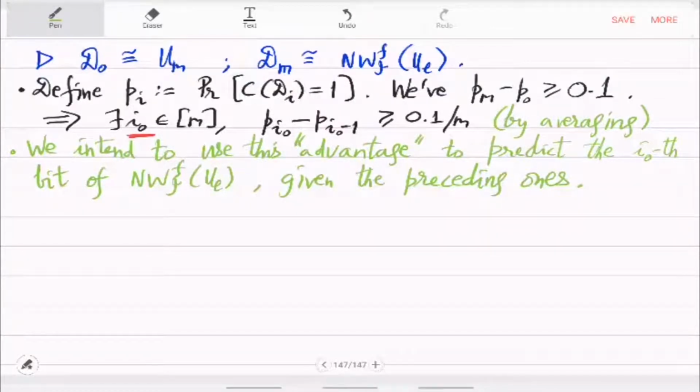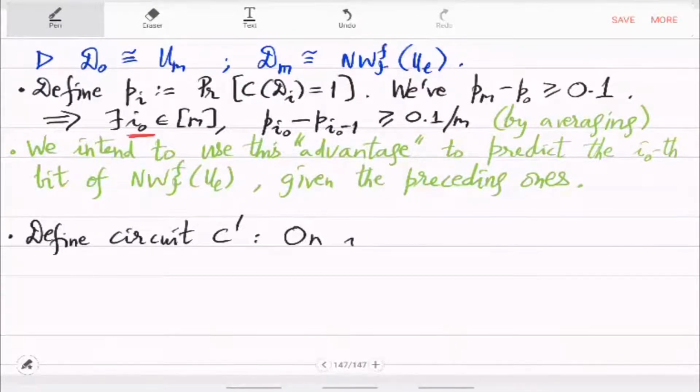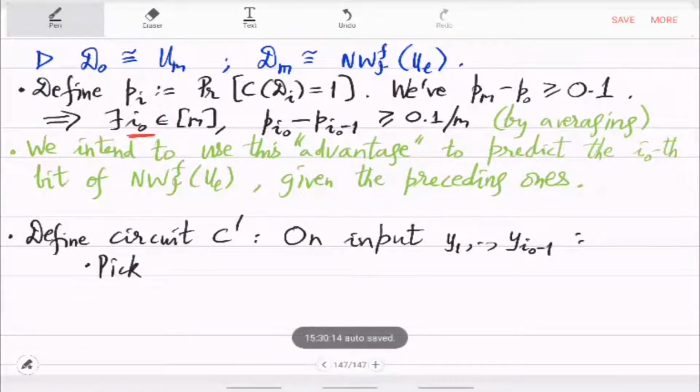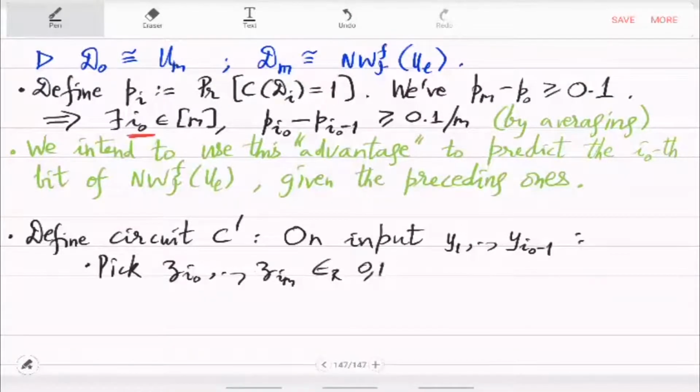So let's define that predictor. On input y1 to yi0 minus 1, pick zi0 to zim randomly, random bits.